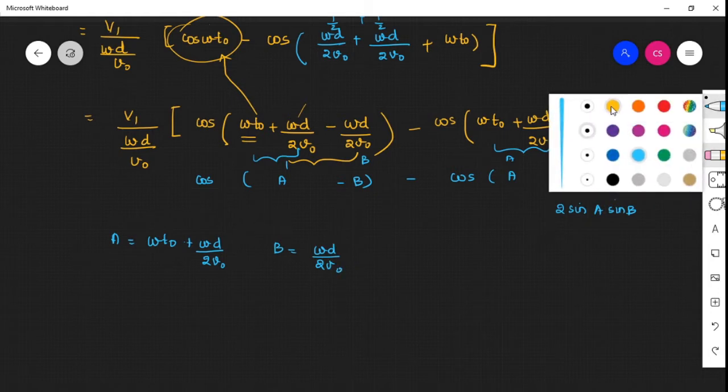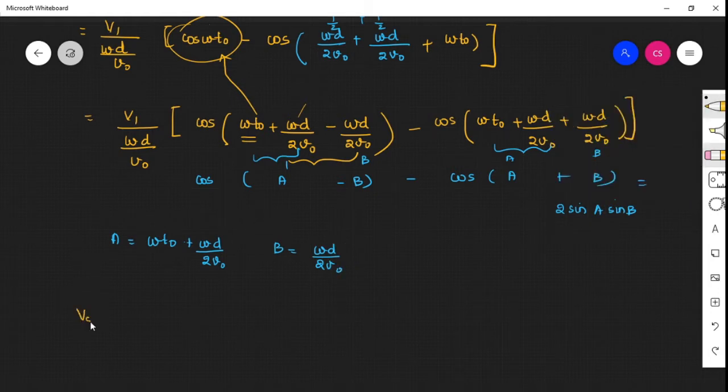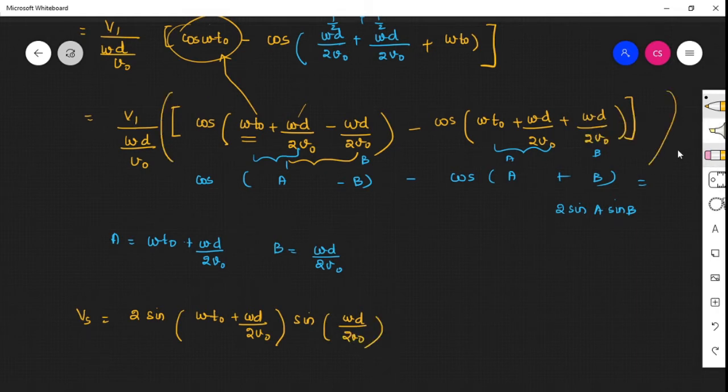So, let us substitute it in the formula 2 sin A sin B. So, Vs is going to be equal to 2 sin of A, divided by omega d by 2 V naught, into sin of B.